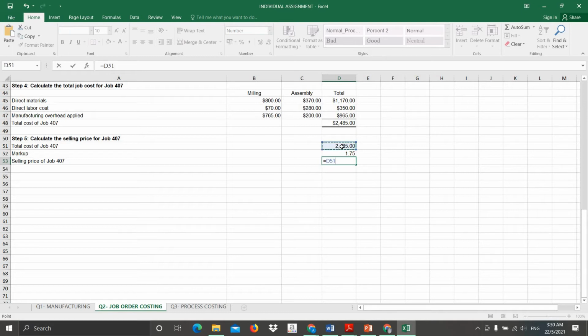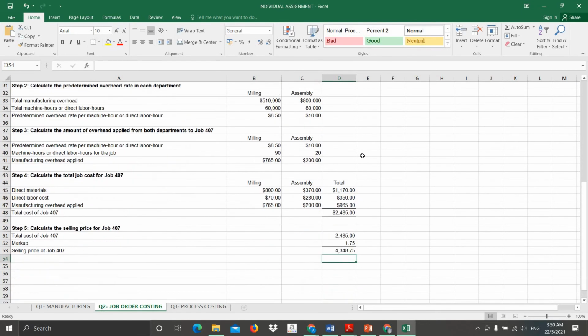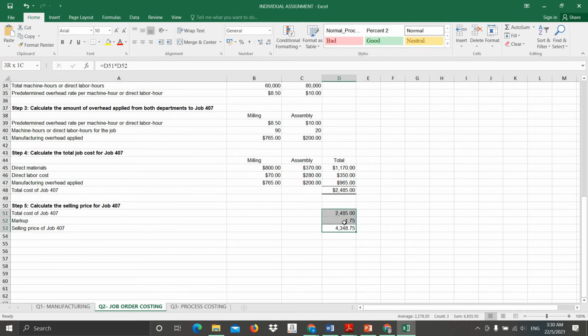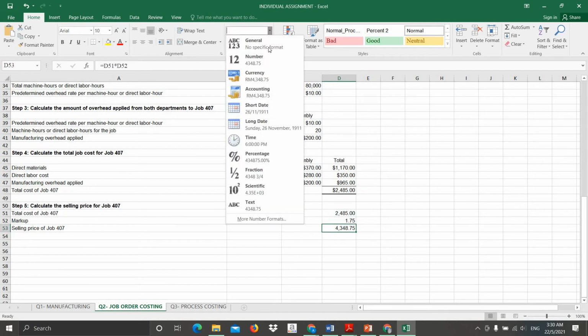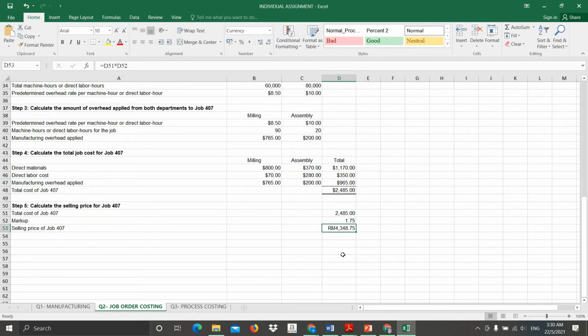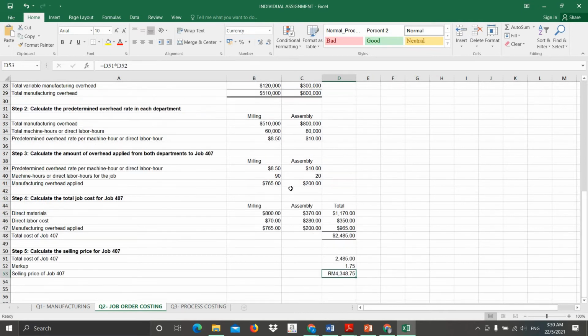times the total cost of job 407 with the markup, and we change the currency to ringgit Malaysia. Then we get the 4,348.75 ringgit for the selling price.